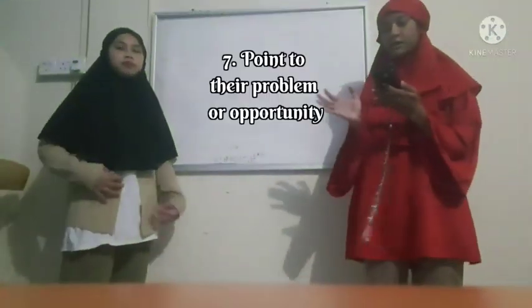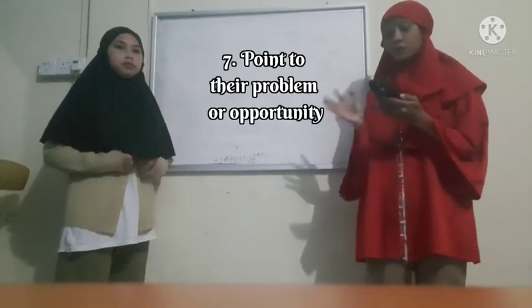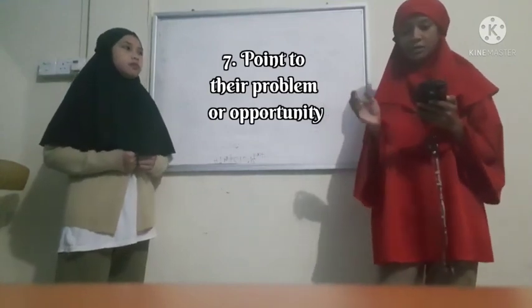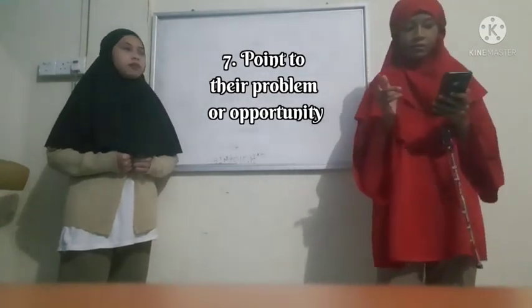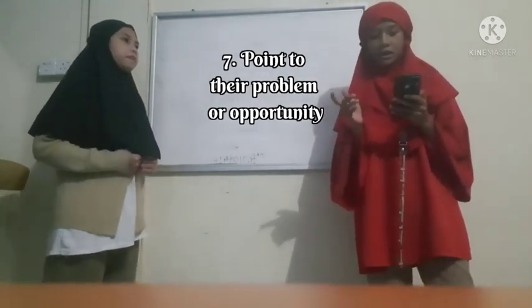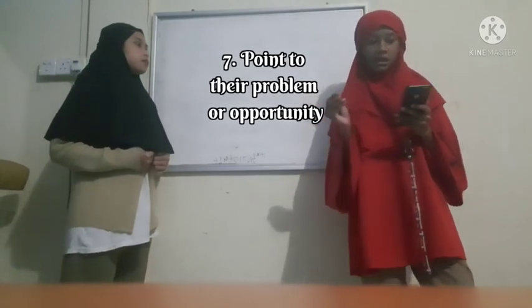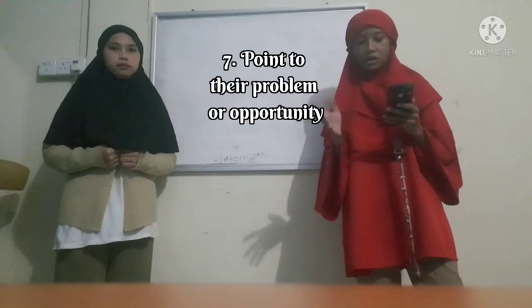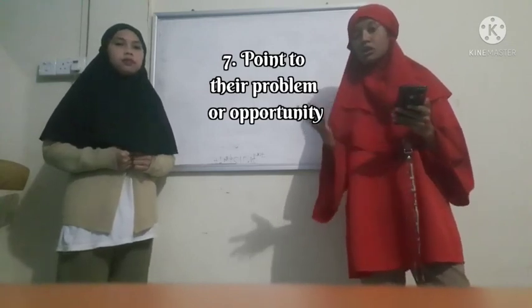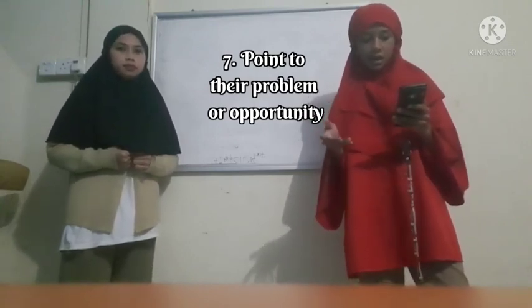Number 7 is point out their problem or opportunity. Putting your finger on your audience's pain point is another way of gaining their attention because you're triggering an emotional reaction again.